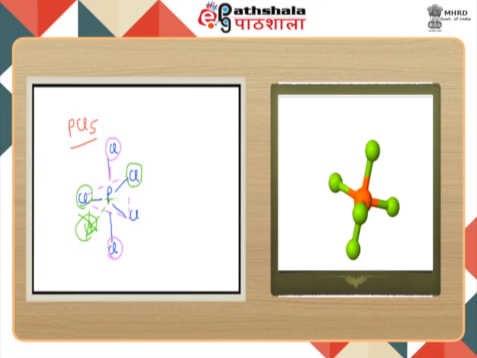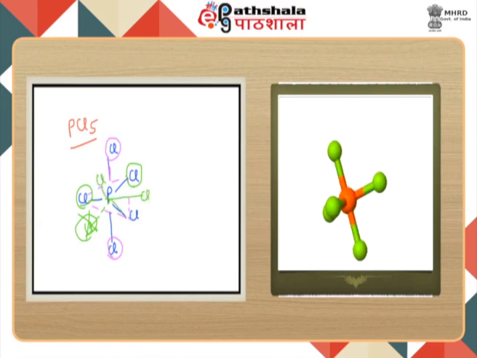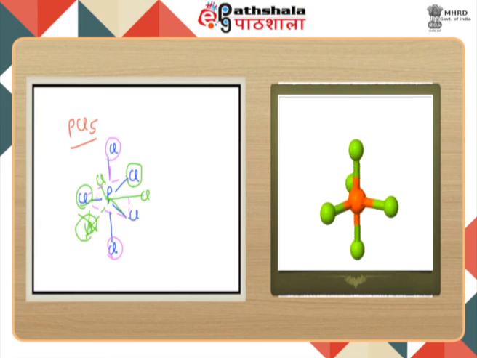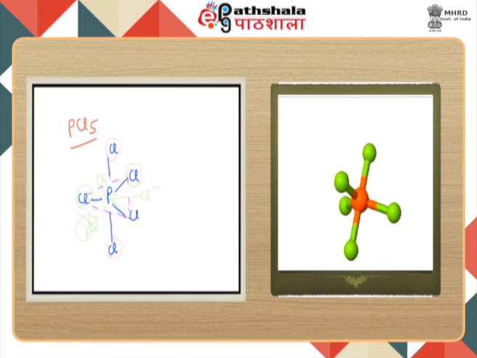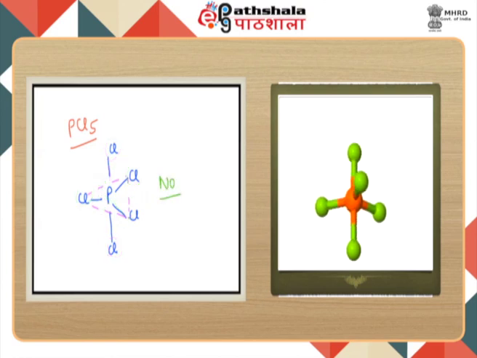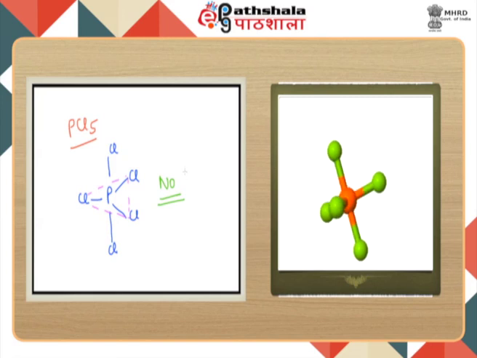Similarly, for this chlorine, there should have been another chlorine here, and for this chlorine, there should have been another chlorine here, and all this is not true. And what we notice is that in this type of trigonal bipyramid molecule like PCl5, there is no symmetry element or point of symmetry which is there.